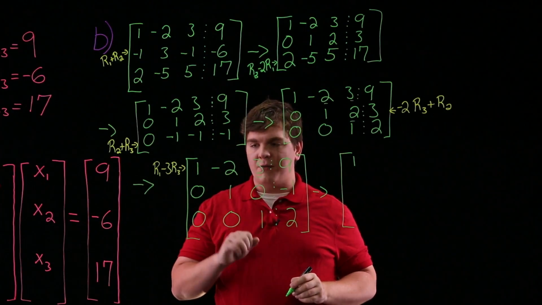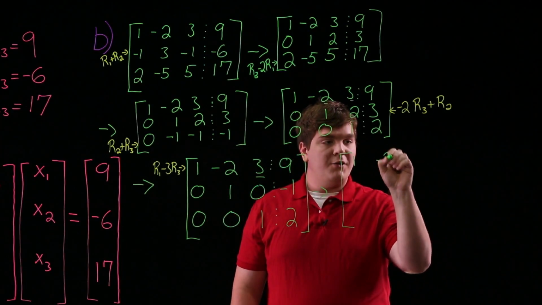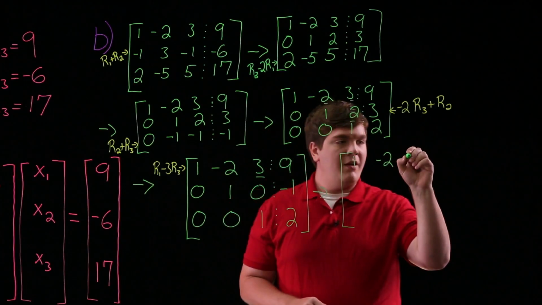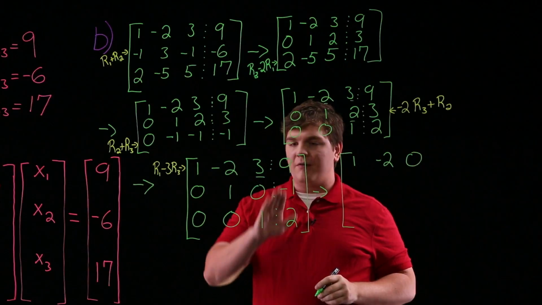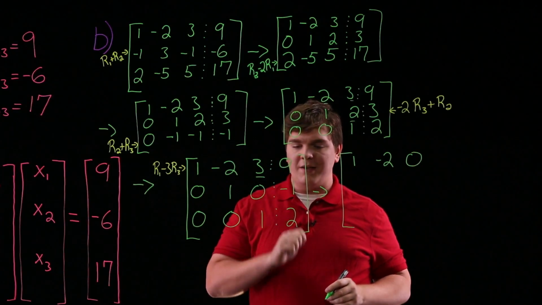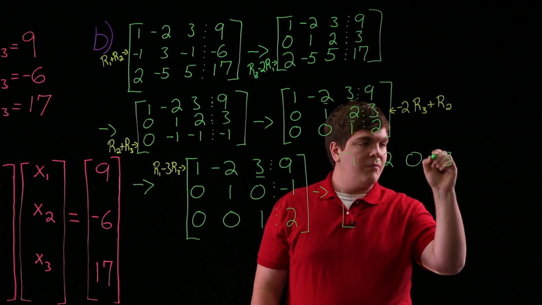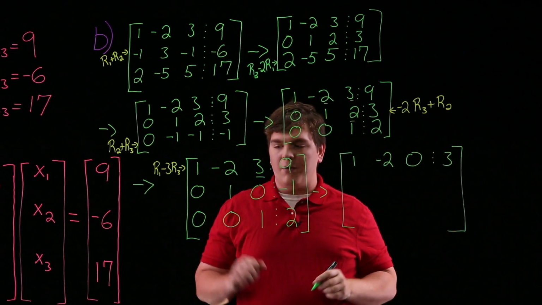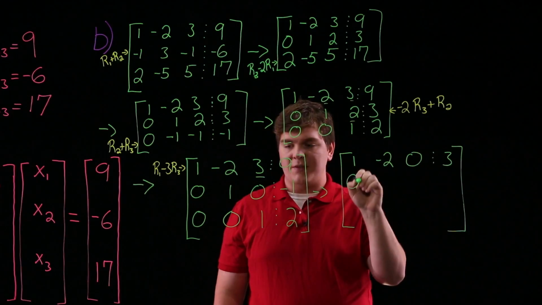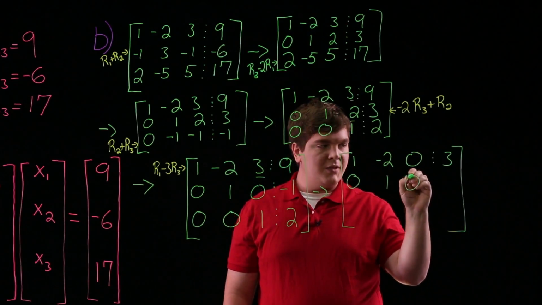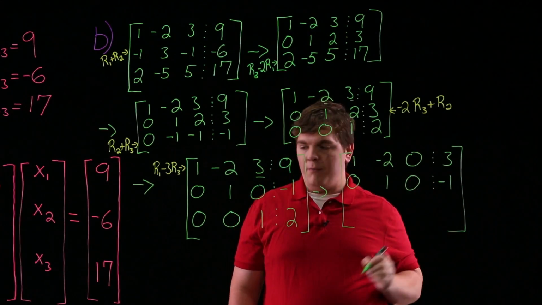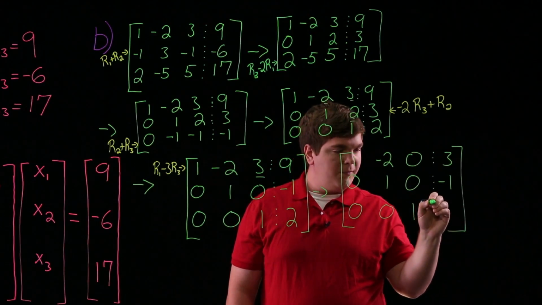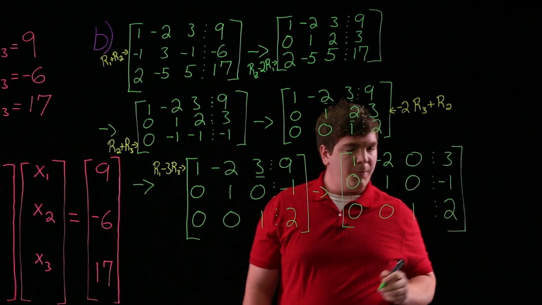Negative 2 minus 3 times 0 is still negative 2. And we have 3 minus 3 times 1 is 0. And we'll have 9 minus 6 is 3. And then our second and third rows remain exactly the same as 0, 1, 0, negative 1, and 0, 0, 1, 2.